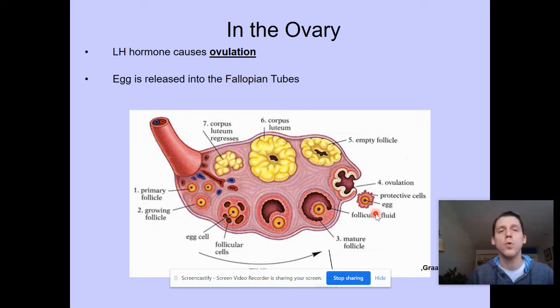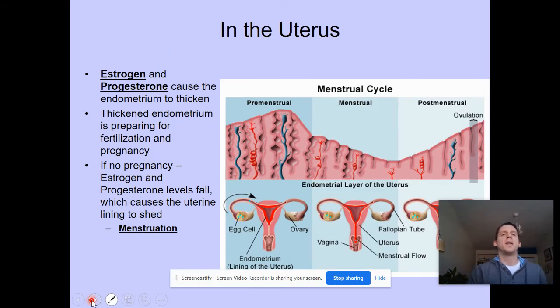So the egg is going to move through the fallopian tubes where it can potentially be fertilized. And if an egg is going to be fertilized, it's going to happen in the fallopian tubes. It takes a few days to get down there.